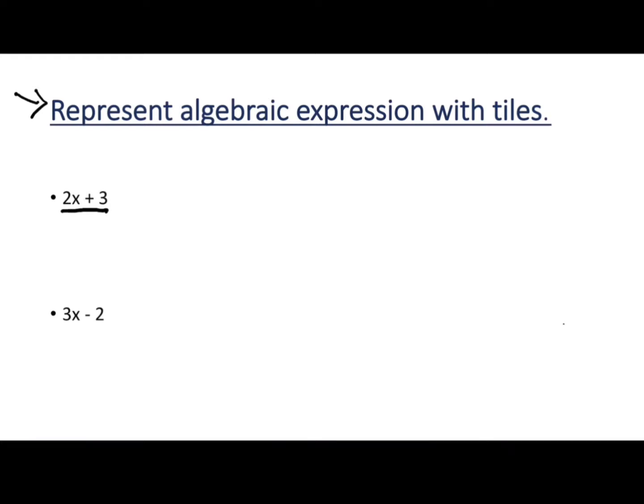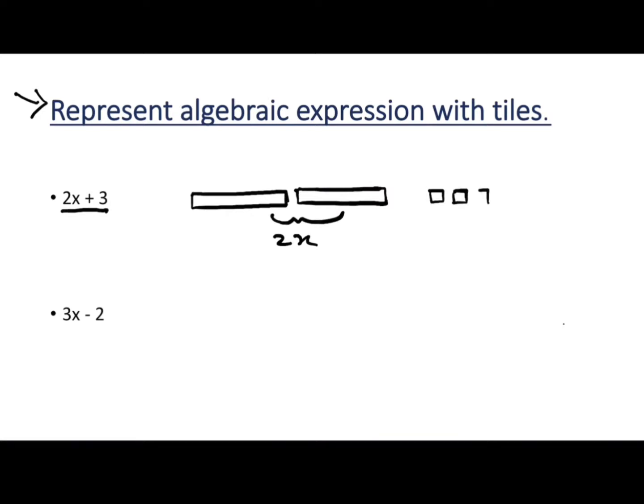We know the positive tiles, we just draw a plain rectangle for that. So this represents 2x, and next we have positive 3. So we simply draw white 3 squares. It's just like base 10 blocks for the ones.